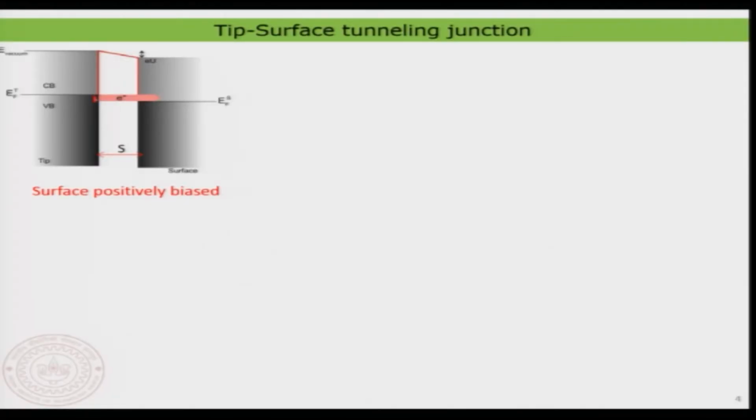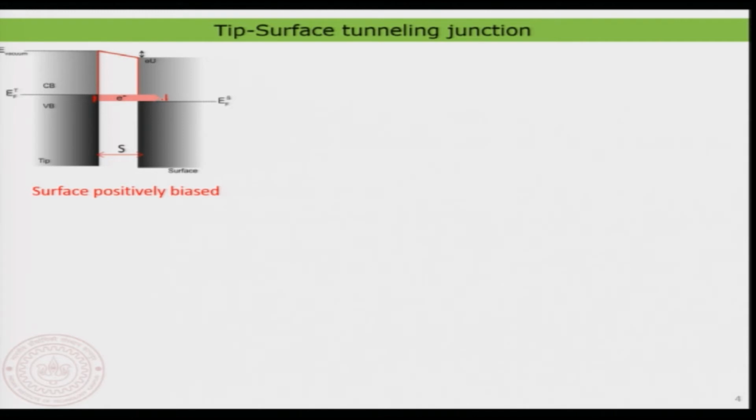But as soon as you apply a bias onto the surface, the Fermi level goes down. That means this much amount of electrons can now tunnel into the unfilled states of the surface.